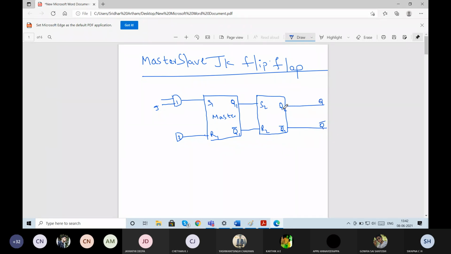Q bar, which is nothing but Q2 and Q2 bar only, because from there only we are taking the output. Another input to this second gate is K. Let me take this up.